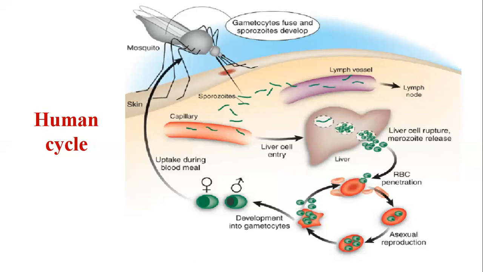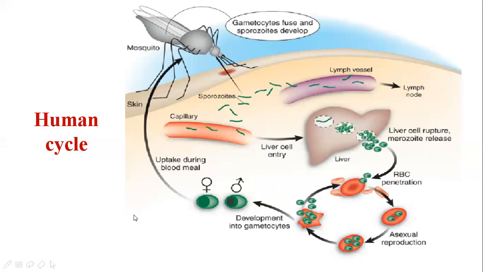These sexual forms of the parasite are called gametocytes, and they circulate in the bloodstream. And when the mosquito again bites an infected human individual, it ingests these gametocytes, which develop further into mature sex cells, and these are called gametes.